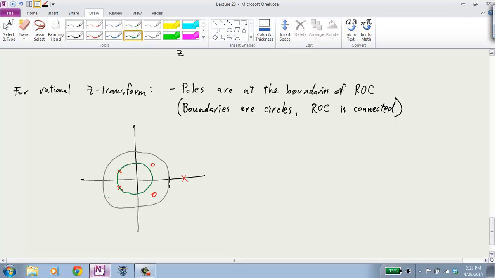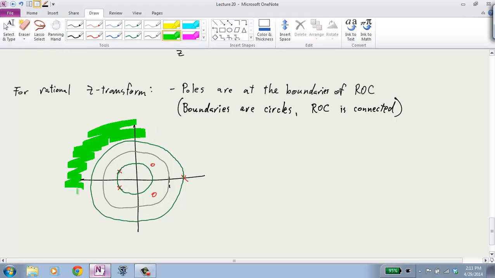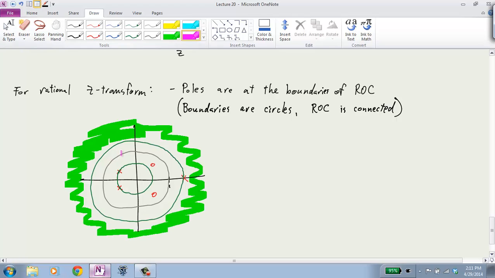You ignore the zeros; those don't affect the region of convergence. And there are three possible regions of convergence for this rational z transform. You could have one that's out here. You could have one that's between.